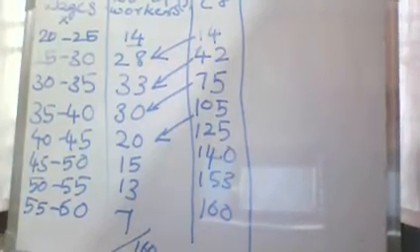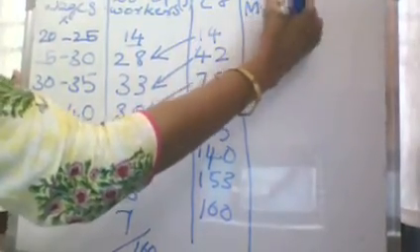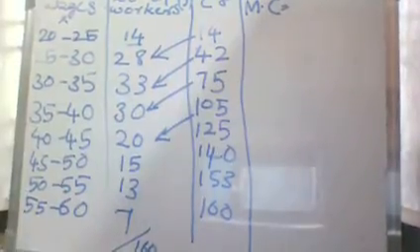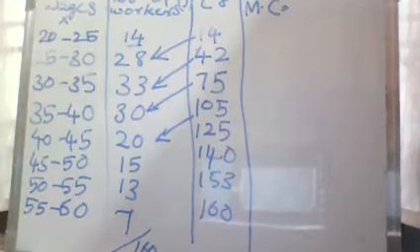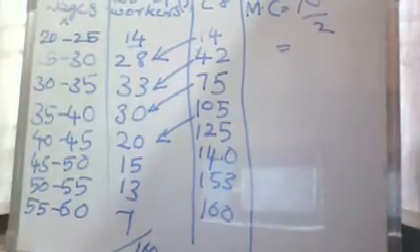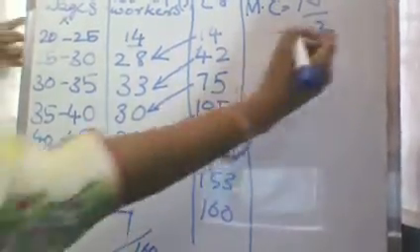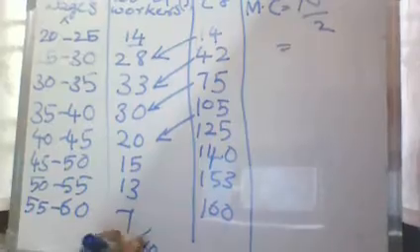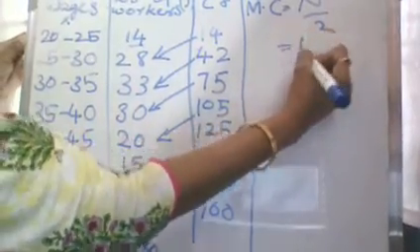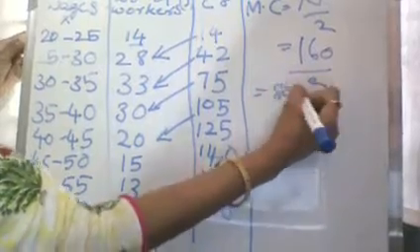Next step, we need to find the median class. For the median class, first we need to find n by 2, which means the size of the n by 2th item. Here, what is n? The total number of frequency, which is 160. 160 divided by 2 is 80.